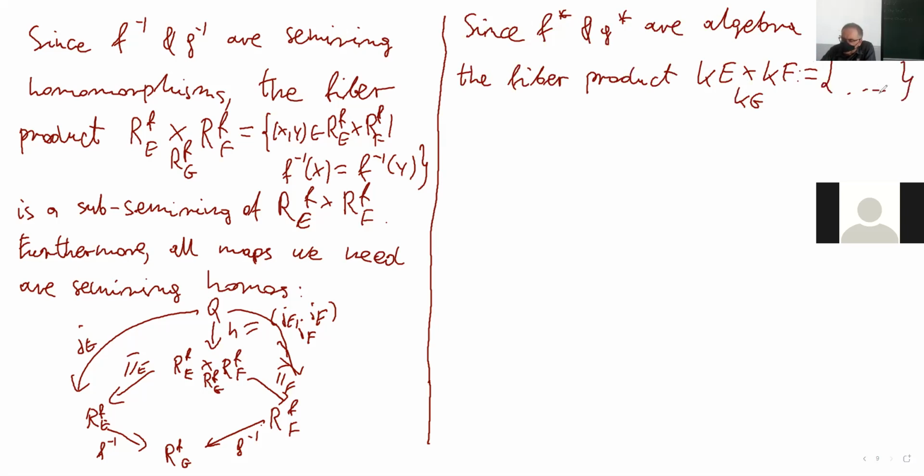It's exactly as on the left-hand side. But the fiber product is a subalgebra of a product algebra KE with KF. This is immediate to verify. I mean, really the sheer fact that multiplication and addition are preserved by a morphism and the neutral element 0 is preserved by a morphism. We know that we deal with semi-rings or subalgebras, okay?